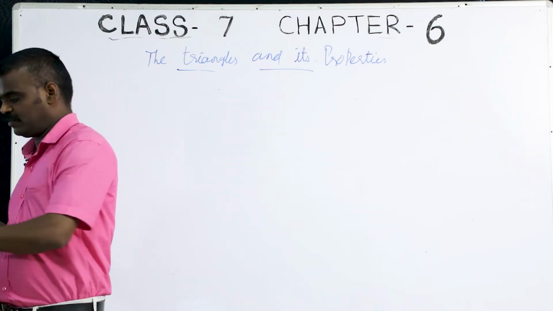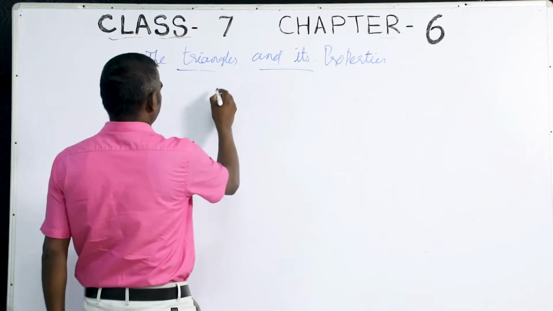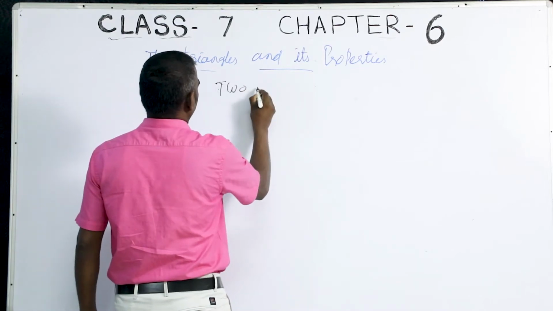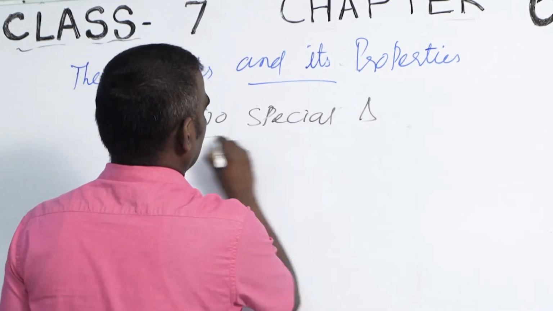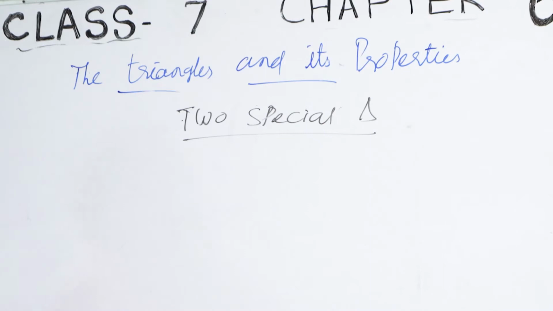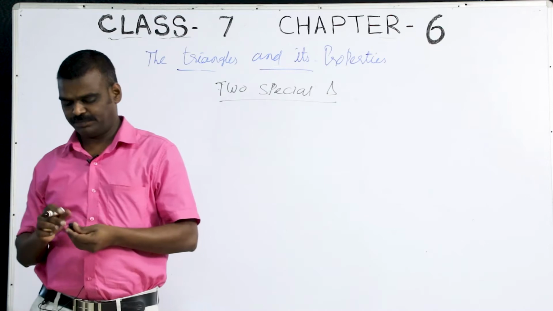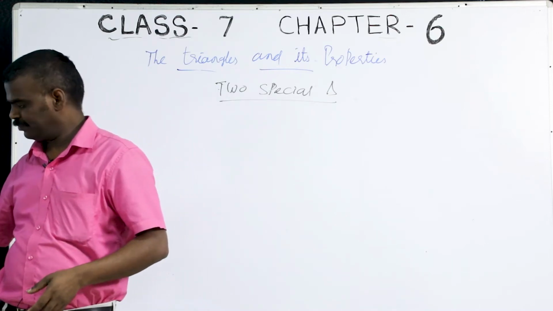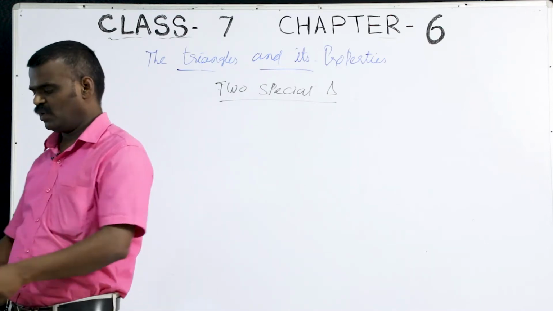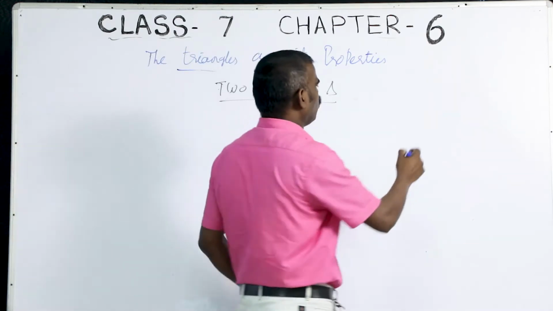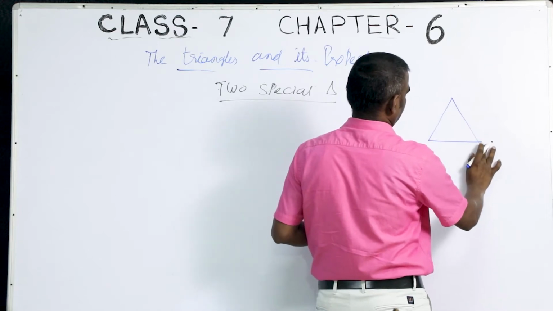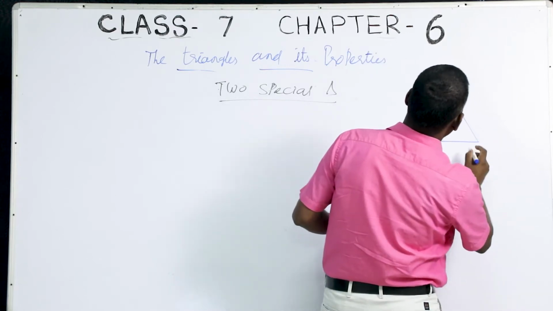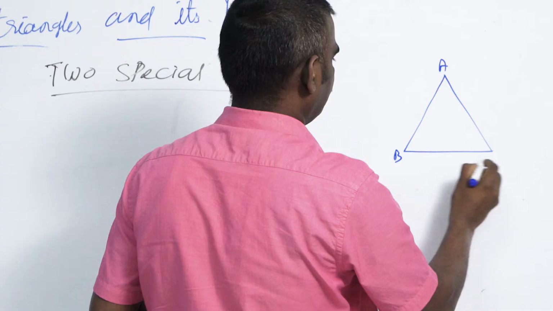Two special triangles. We are going to learn about two special triangles. One is the triangle which has all the sides equal.